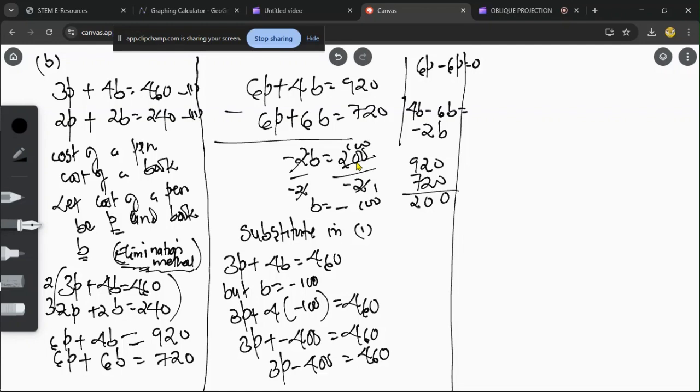I take this one to the other side, so it will be 3p is equals to 460. This was negative. When you take it to the other side, it will be plus 400. So I am adding here 400. 460 plus 400 will give me 860. This is 3p.